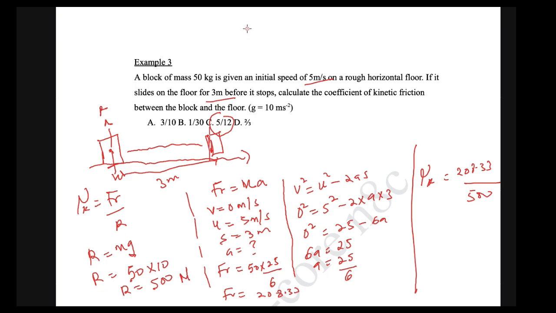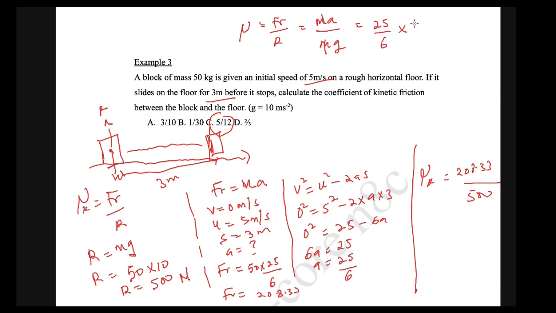Since you know fully well that the coefficient of friction is Fr over R, which is ma over mg, because the frictional force is the only force, it is going to equal ma. Then your R is mg, so the m cancels. We calculated the acceleration to be 25 over 6.